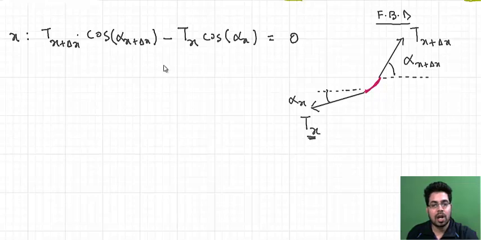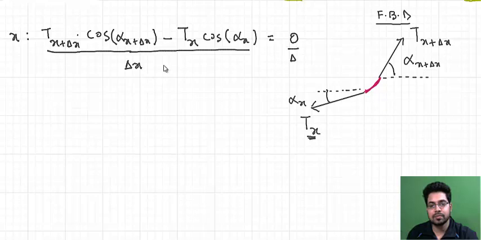Now I'll divide both sides by delta x and apply the limit as delta x approaches 0. The reason I am applying this limit is that I need to convert this into a differential. When delta x approaches 0, delta x becomes dx.